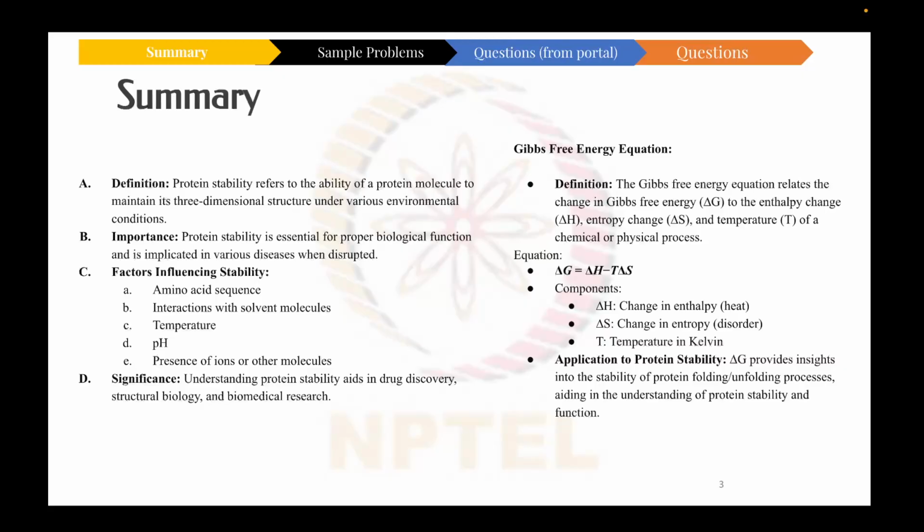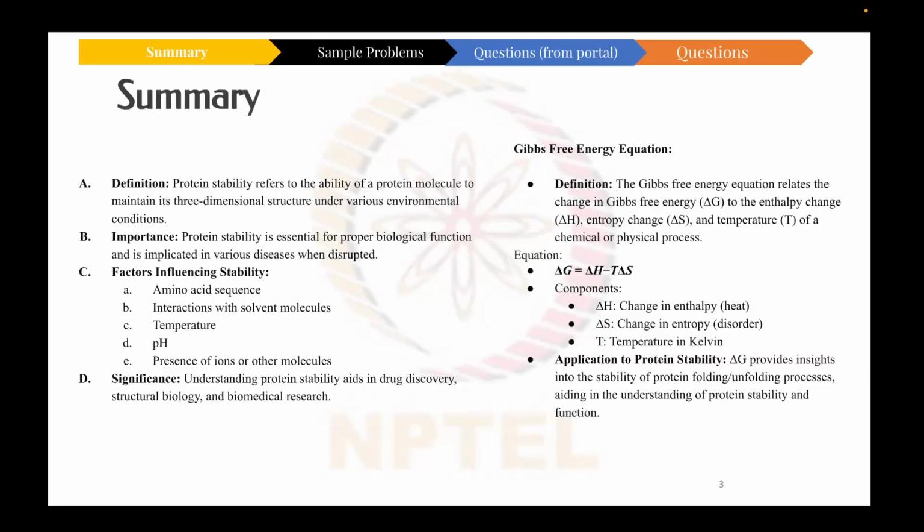Here I want to talk about the Gibbs free energy equation, also known as the Gibbs-Helmholtz equation, which relates the change in free energy, that is stability, to enthalpy change, entropy change and temperature of a chemical or physical process. For a protein folding or unfolding process, the Gibbs free energy change can provide insights into stability of the protein structure.